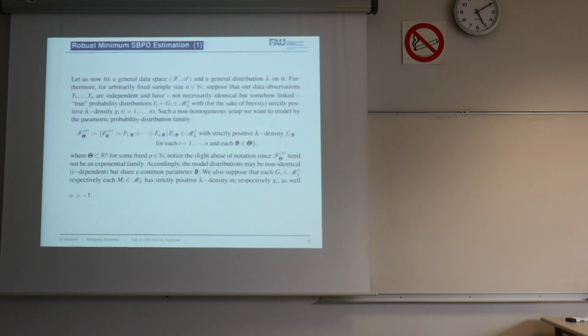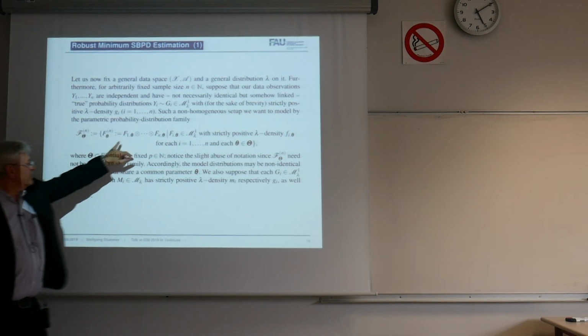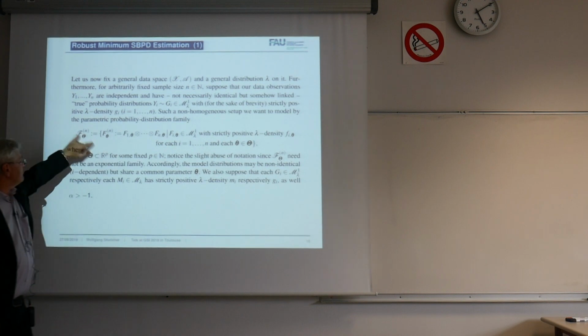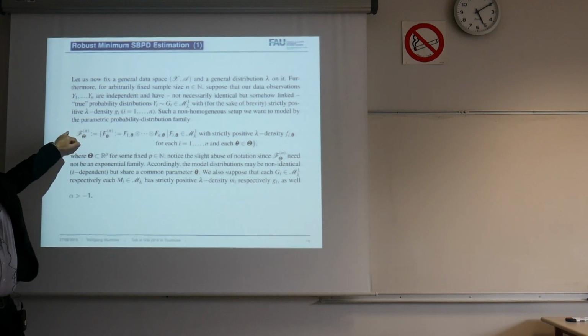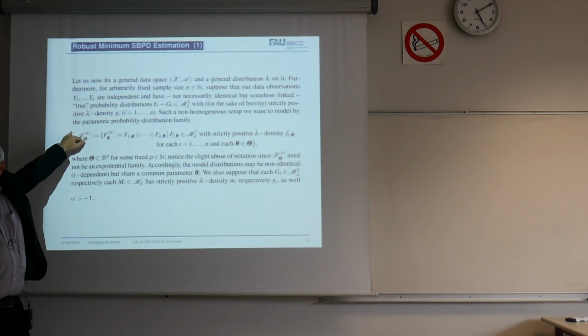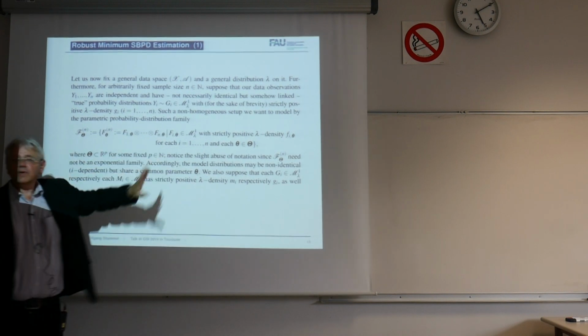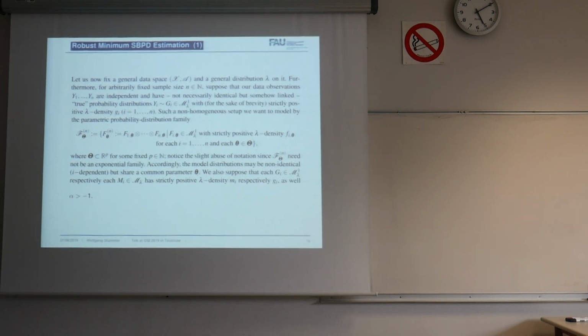Okay, so now let's go back to the general case. Again, as you see here, the family of possible probability distributions of interest is of product form, reflecting the independence.